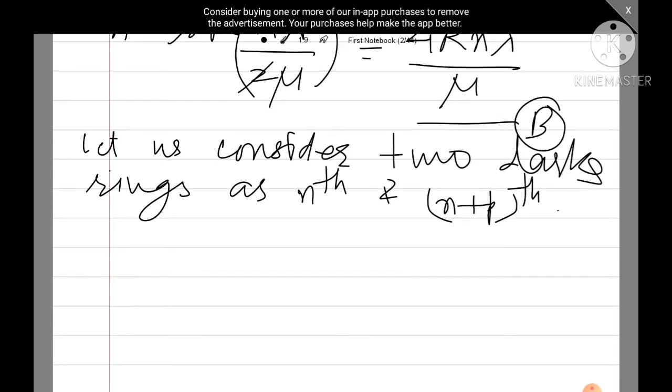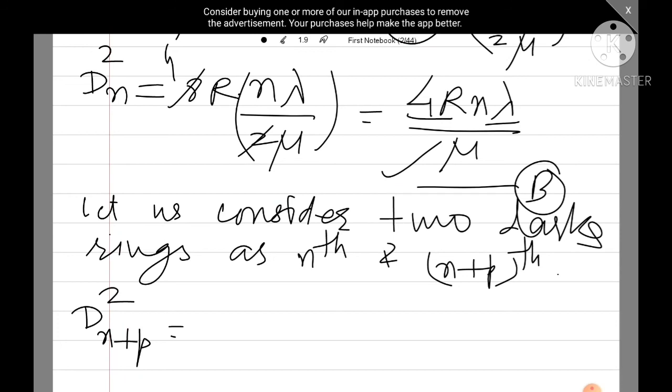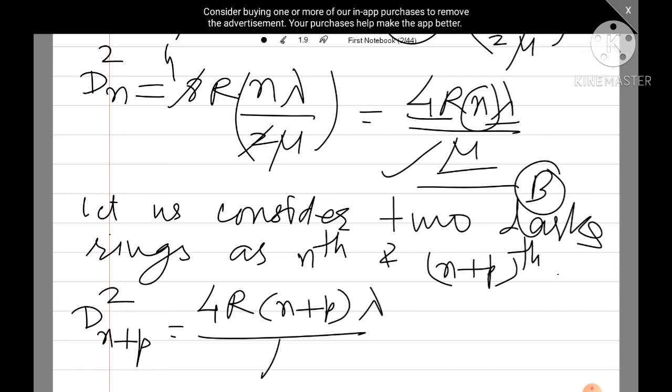Therefore the diameter of nth is given by equation B, and the diameter of n plus pth, means dn plus p whole square, will be equals to, because here 4r lambda mu all are constants, only n is variable, so in place of n we have to substitute n plus p. So 4r n plus p lambda upon mu, equation number C.